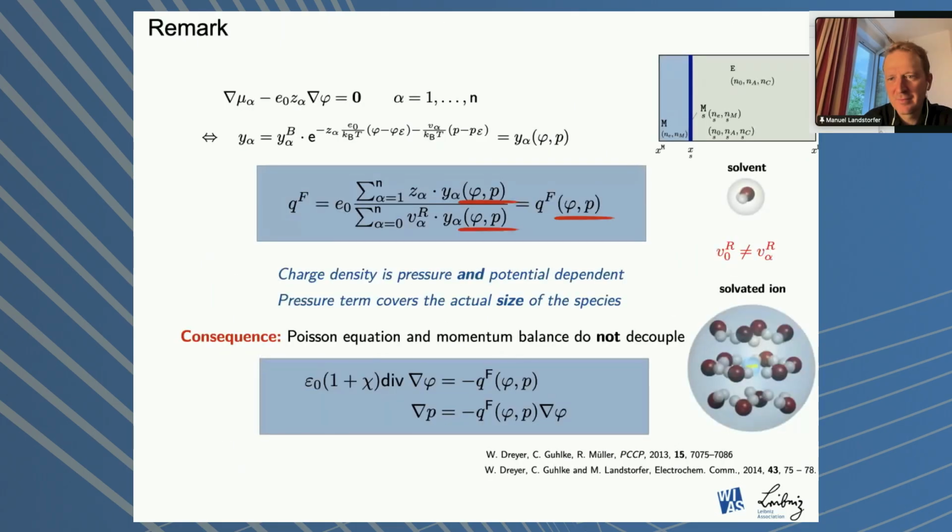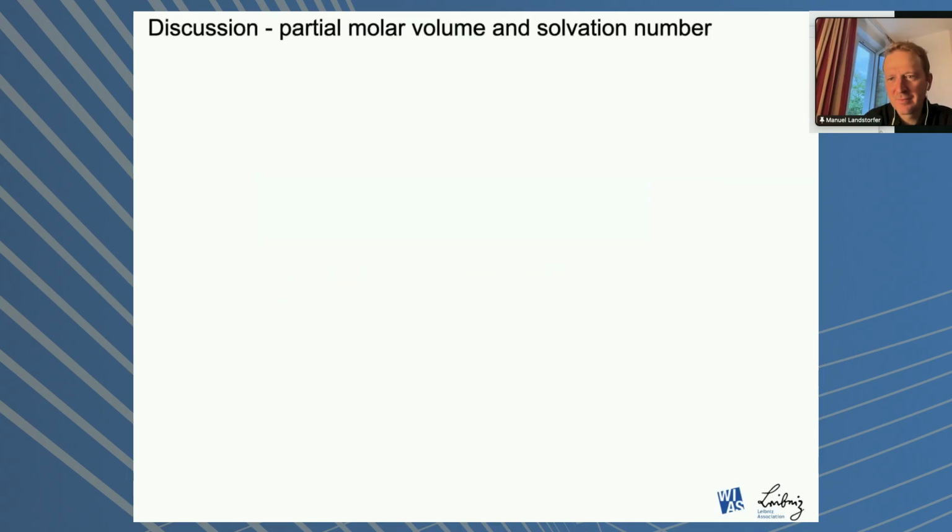Just as a remark, what you see on this slide is the core of the underlying PDE system. This epsilon 0 times epsilon is the dielectric constant for the different solvents, and the main quantity which is tuned is just the partial molar volume V alpha of the solvated ion in the different solvent molecules.